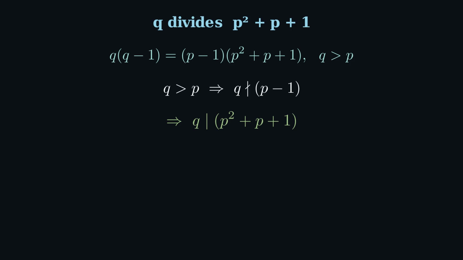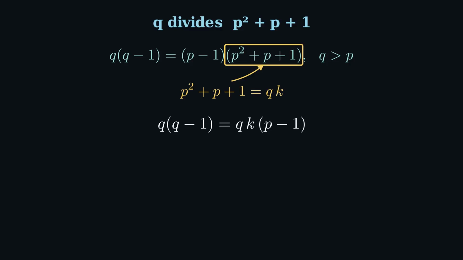So since it divides that, we know that q times something equals that. So we're just going to say that p squared plus p plus 1 equals q times k for some k. That's what it means, that q divides that. And now we can substitute that back in. So we have q times q minus 1 equals qk times p minus 1, right?